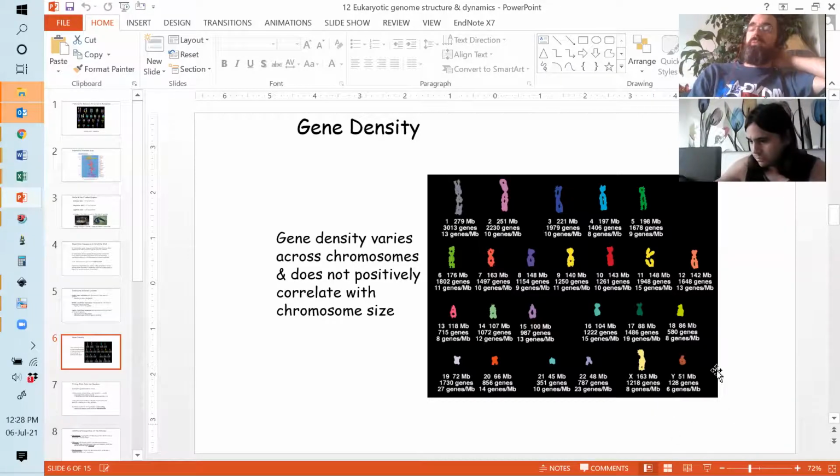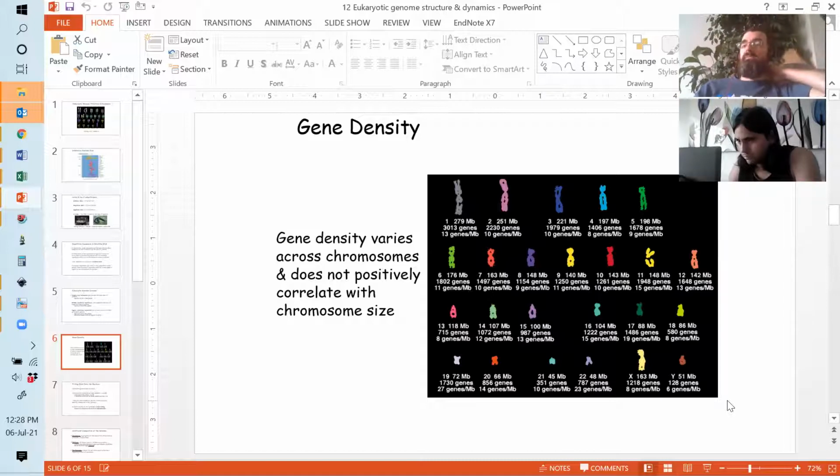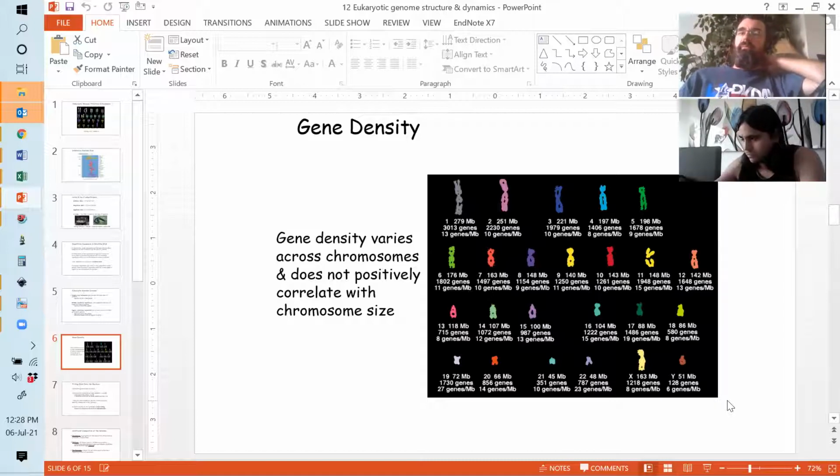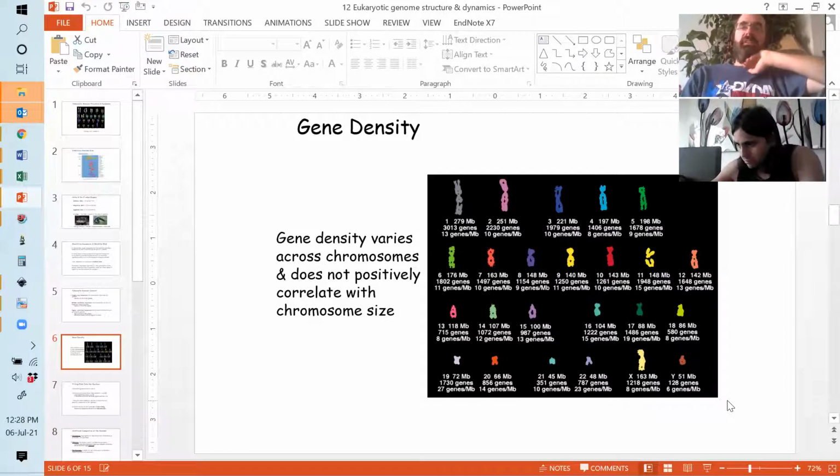And actually the Y chromosome is the one with the lowest density of genes of all. Part of the reason for that is because they are genes that have really only a role in male development. So there's a huge variation.